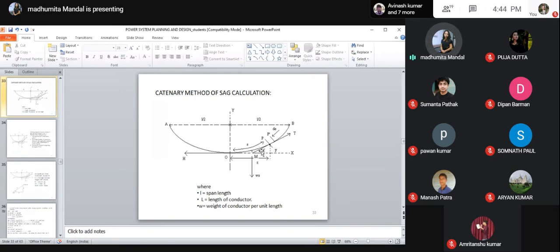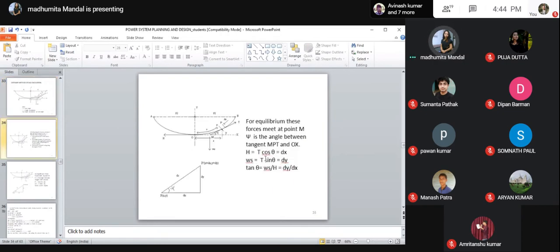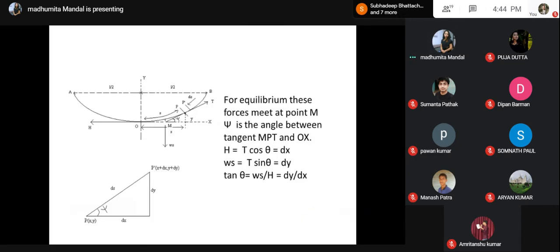Say this angle is, here it is given as psi, and somewhere theta is written. So there is a small mistake: either we can write all of them as psi or all of them as theta.